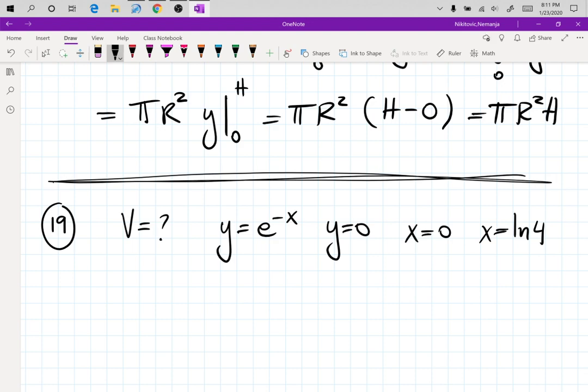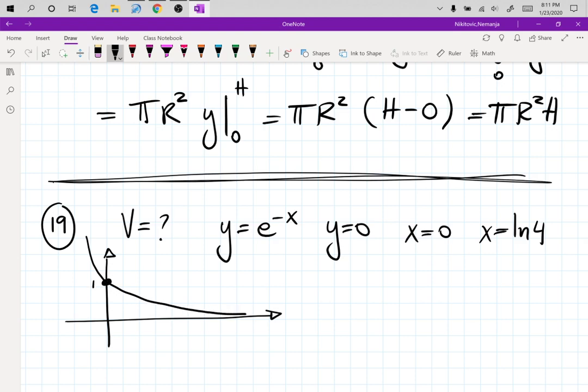ln 4 is a number, right? So there's no reason to panic yet. We are going to draw all of the functions that are given to us. We have e to the negative x, which is exponential decay.